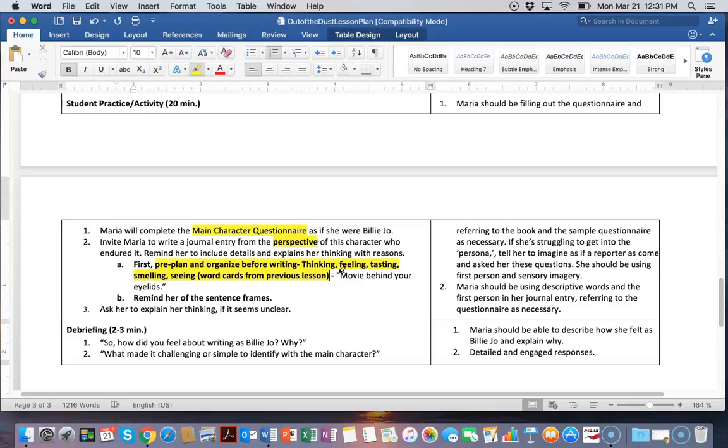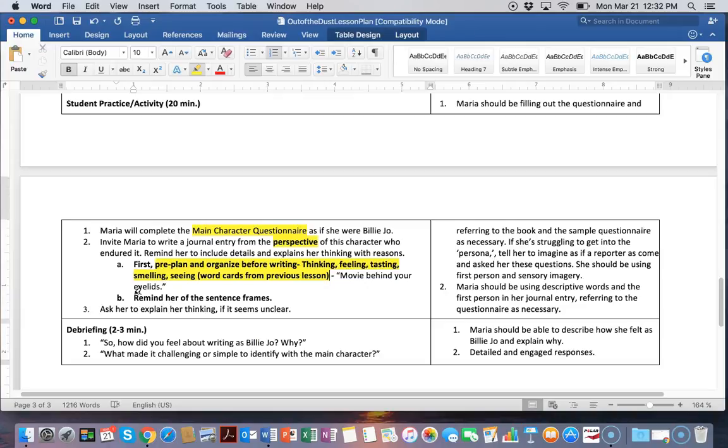She didn't articulate this, but I would ask the student to do this within the questionnaire or by taking the questionnaire, that graphic organizer, and then maybe highlighting some of the words in that questionnaire that are thinking, feeling, tasting, smelling, and seeing words.